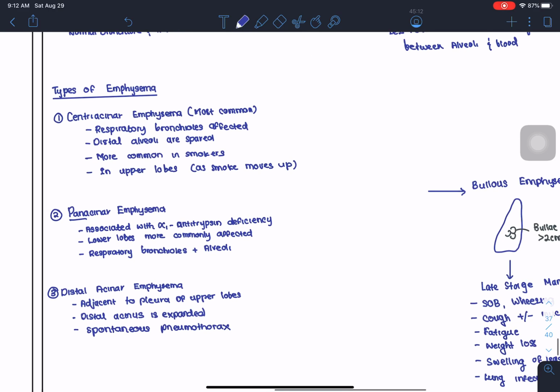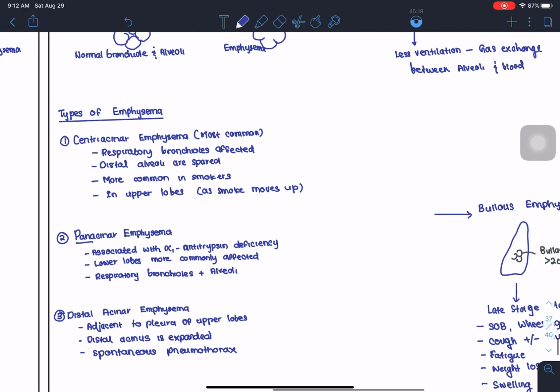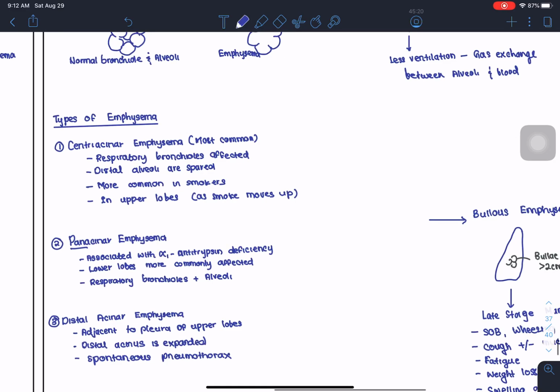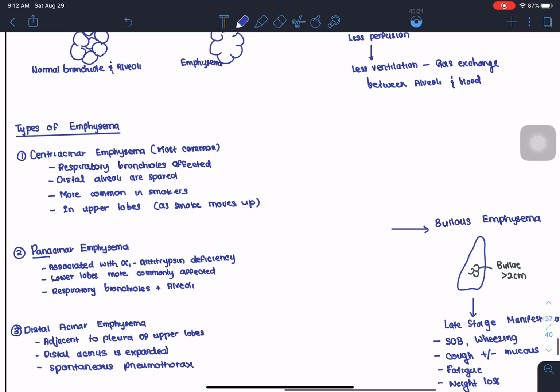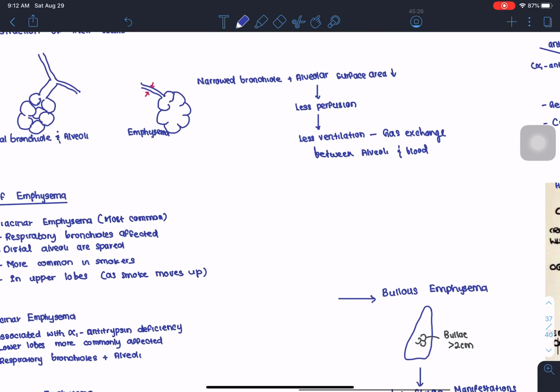So again, we are going to talk about the types of emphysema. First, you have centriacinar emphysema. That involves the respiratory bronchioles. So you get enlargement of the respiratory bronchioles, but then the alveoli are all fine.